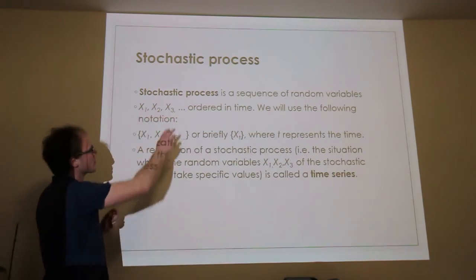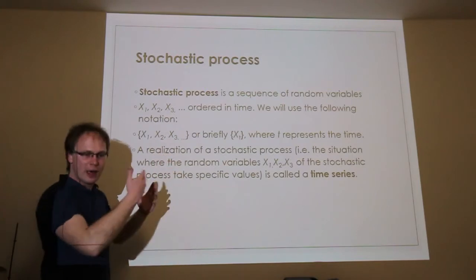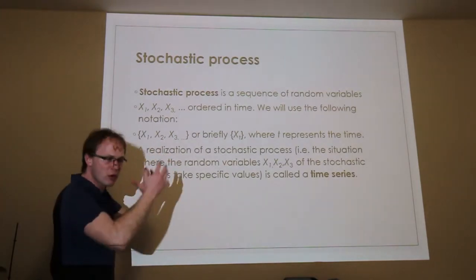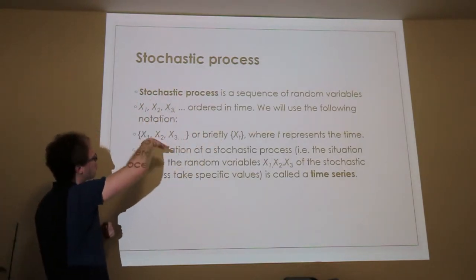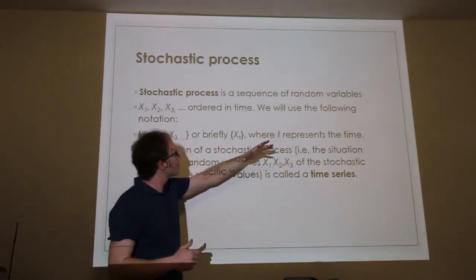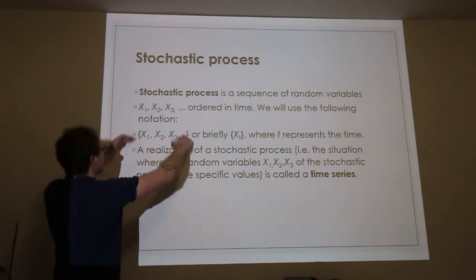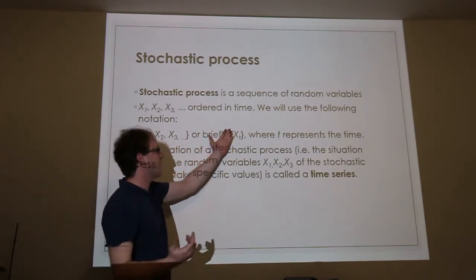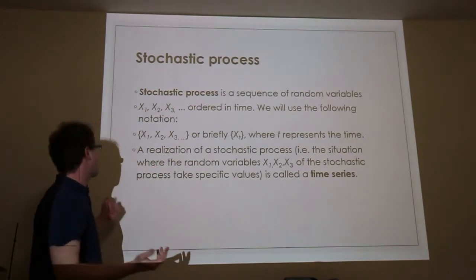Stochastic process is a sequence of random variables. This is very important, random variables. You are not able to see the random variable by your eyes, because it's random. Random variables x1, x2, x3, etc., ordered in time. We will use the following notation, x(1), x(2), x(3), or briefly, x(t), where t represents the time.